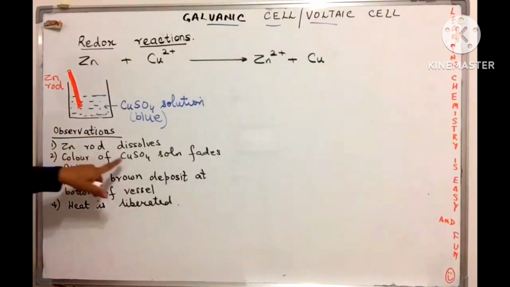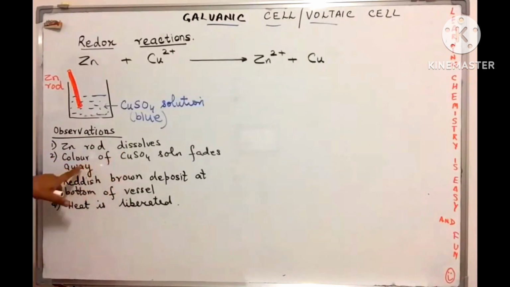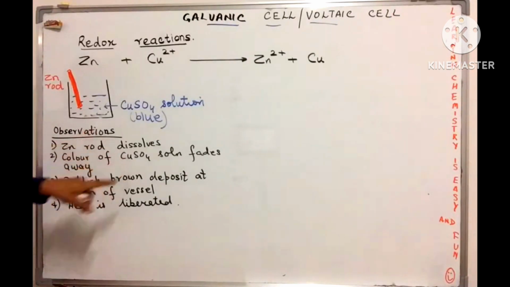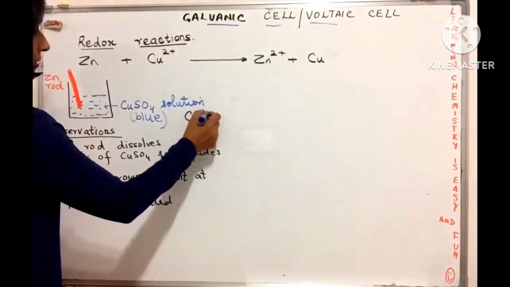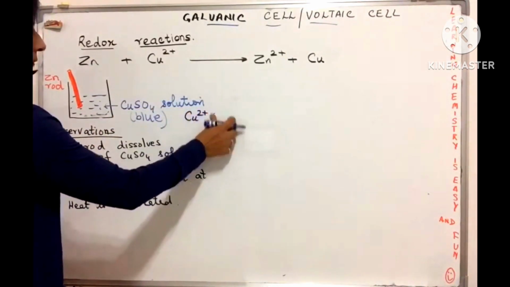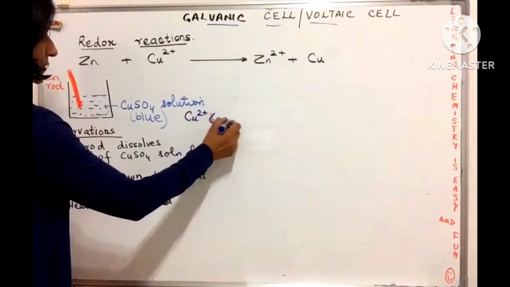The color of the copper sulfate solution starts to fade away. It will become pale in color and then finally slowly it will start disappearing. Mind you, the color of the copper sulfate solution is because of the presence of copper ions in the solution, right, which are there in the aqueous form.